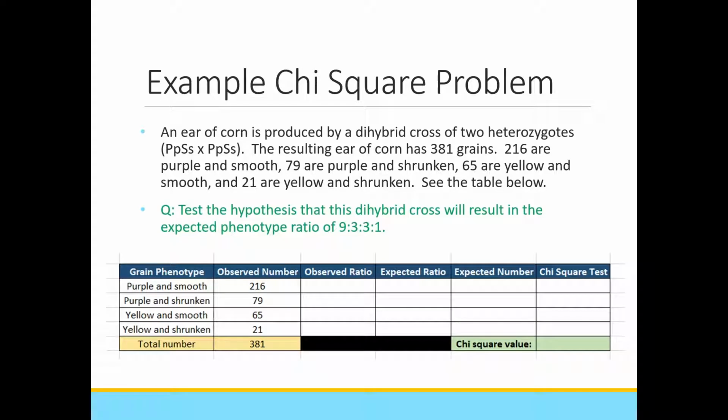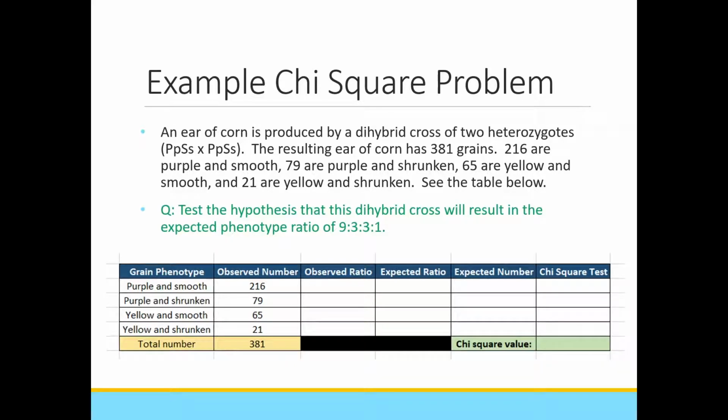So if we have an ear of corn that is produced by a dihybrid cross of 2 heterozygotes, we can examine what the actual offspring are. So the Punnett square allows us to predict the probabilities of the genotypes. Now we are looking at what the actual number of different phenotypes and genotypes is.